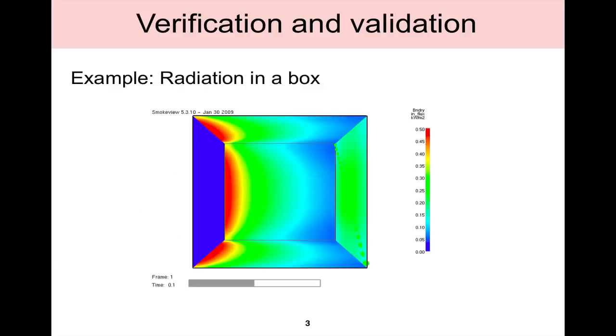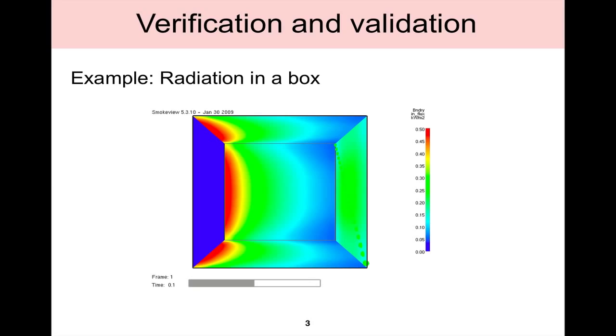One example of verification from the FDS verification suite is called radiation inside of a box. And in this example, this is included with the FDS installation, and we'll actually look at this in a few minutes. What this does is set prescribed conditions on the walls, and it's a one-step calculation.